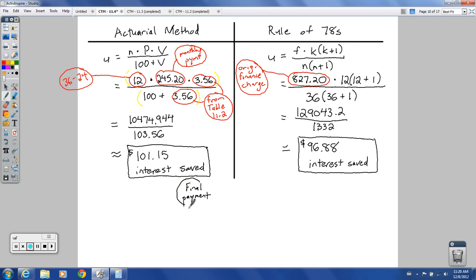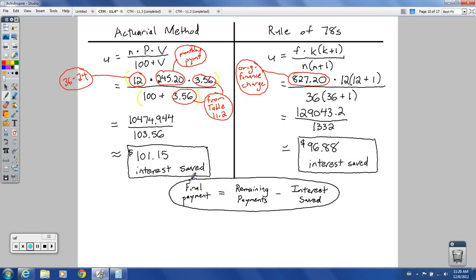So the final payment equals what you'll have left for the remaining payments minus the interest saved.